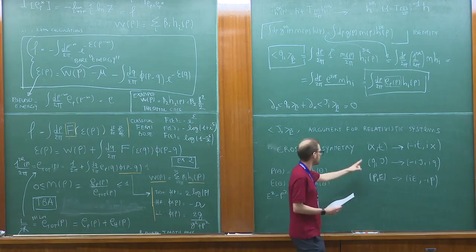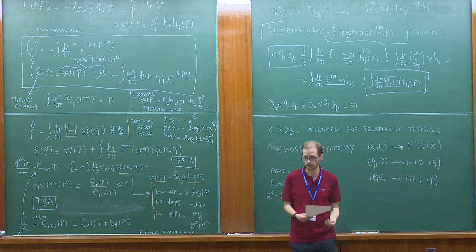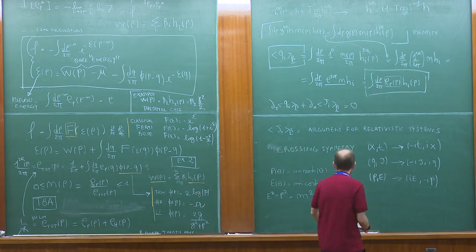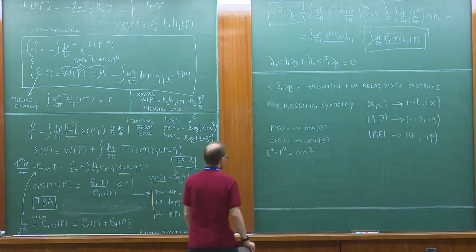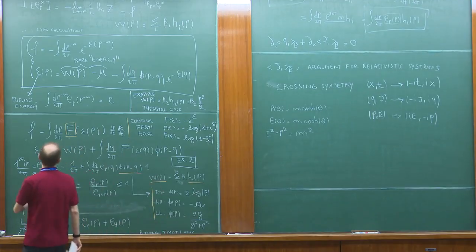Now, you see that upon doing a crossing symmetry, which applies for relativistic field theories, you swap essentially densities and currents. So the argument is nice because it doesn't require too many calculations, and the result at the end is nice.